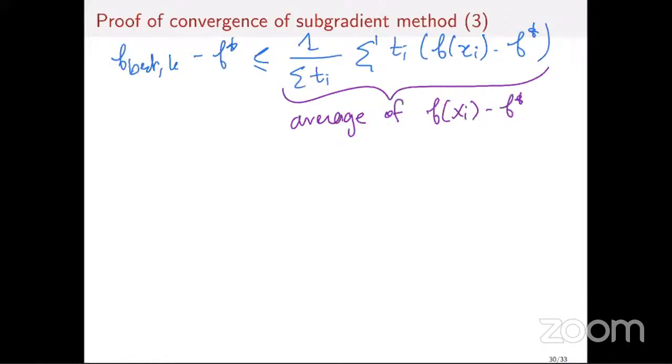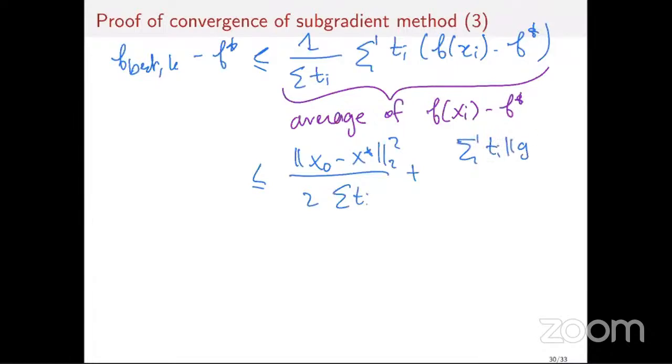By the previous consideration, this is less than the norm of x0 minus x star squared divided by 2 sum of ti, plus the sum of ti squared norm of gi squared divided by 2 sum of ti.